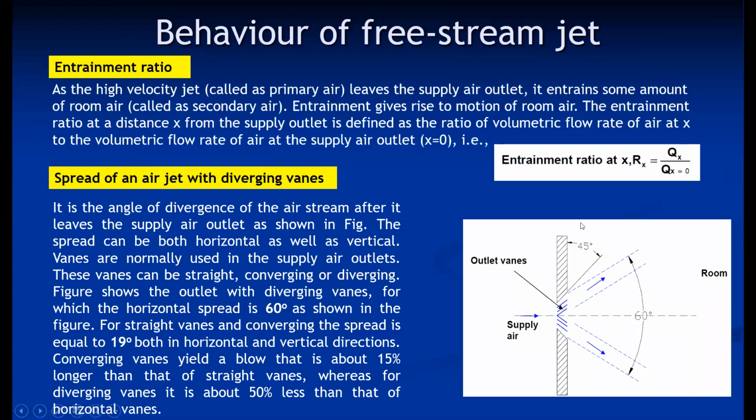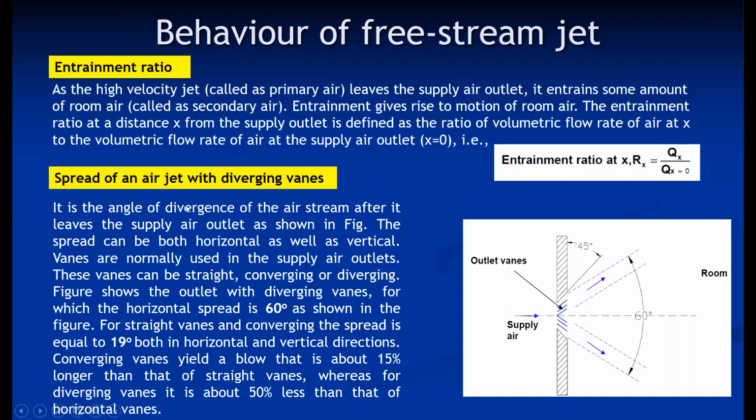So the entrainment ratio is the flow rate at any location divided by the flow rate at the supply outlet. Obviously the volume flow rate is more at the outlet, so the ratio should be less than 1, because the volume flow rate at any location is less than at the supply outlet. So it may be 0.2, 0.3; that is the entrainment ratio.